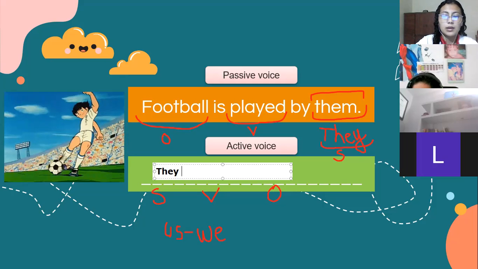They, is it plural or singular? Plural, which means that I don't have to write the S. So they play football, fútbol.